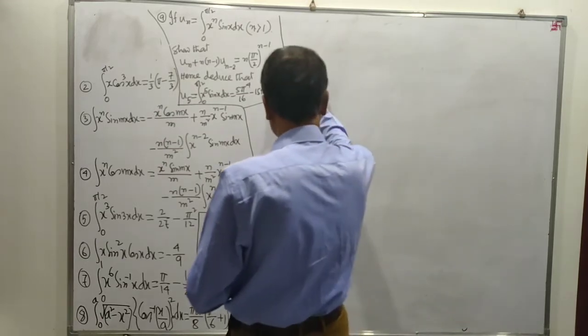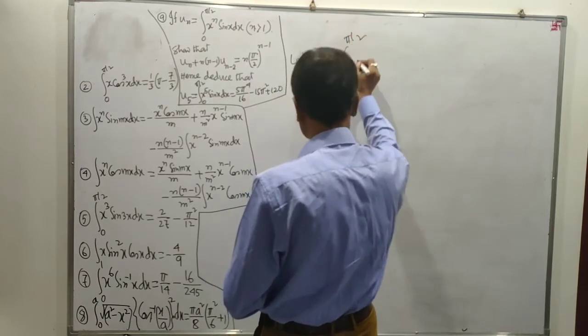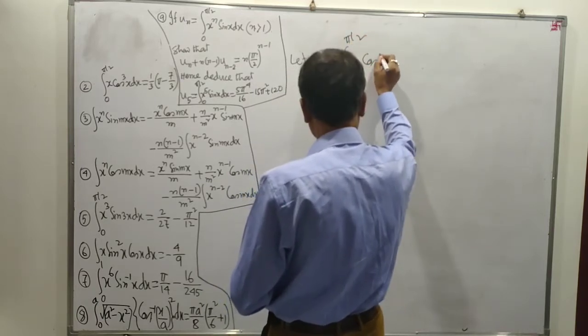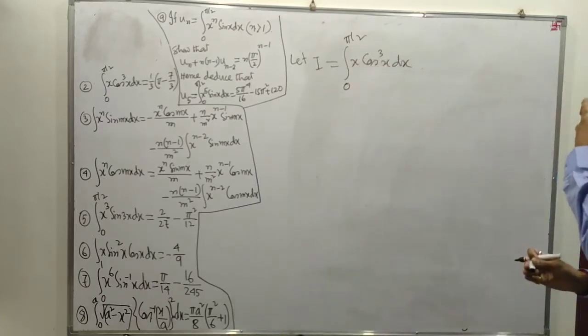Let I equal the integral from 0 to pi by 2 of x cos cube x dx.